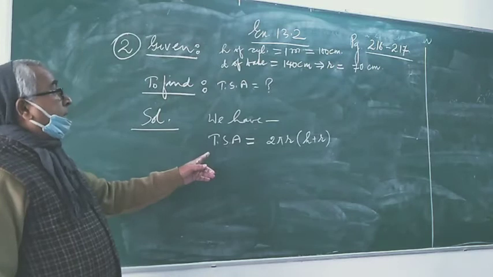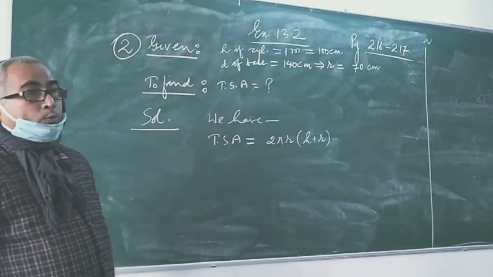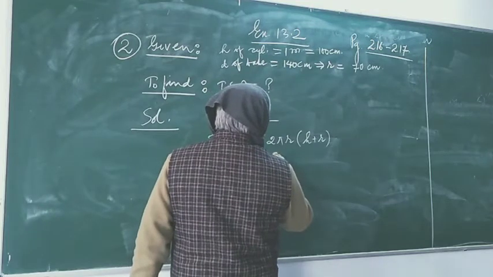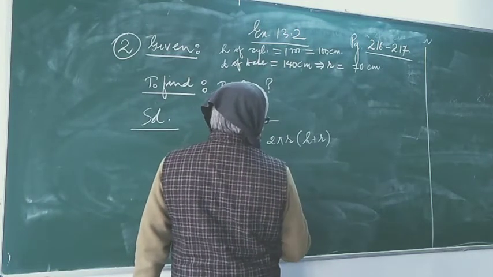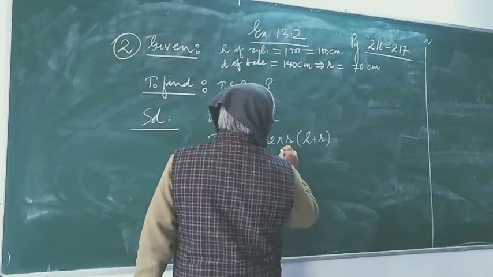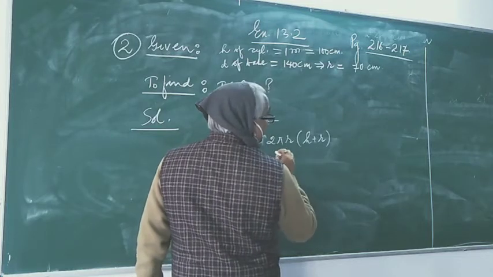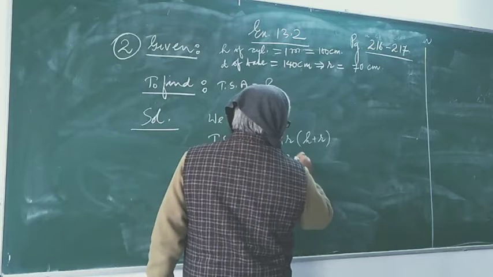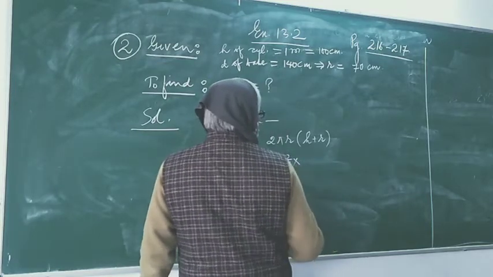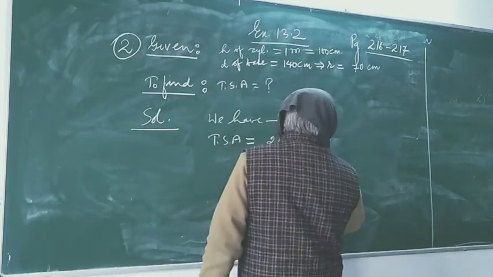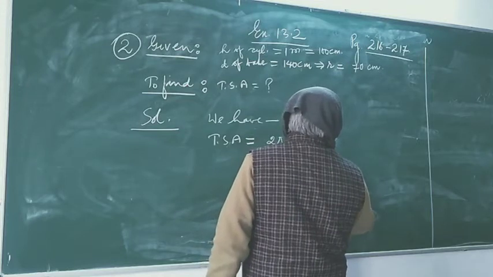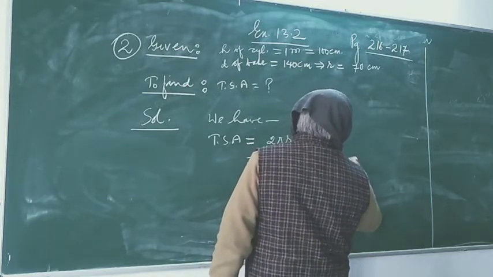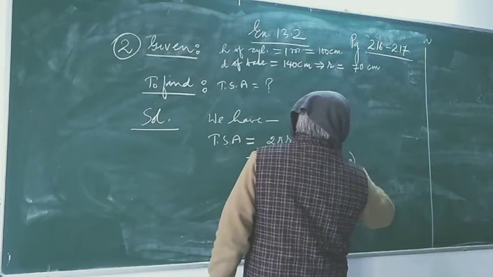Now r is given and h is given. Both are given here. We have to put here 2 multiplied by the value of pi. What is the value of pi here? 22 by 7, multiplied by r. r means 70 centimeter, 70 inside the bracket. h means 100 centimeter plus r means 70 centimeter.